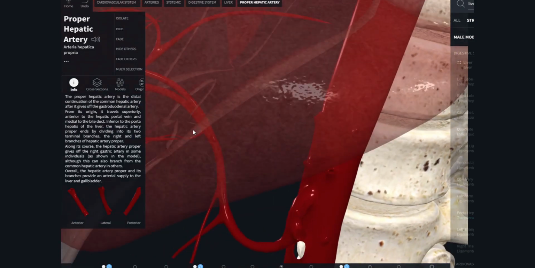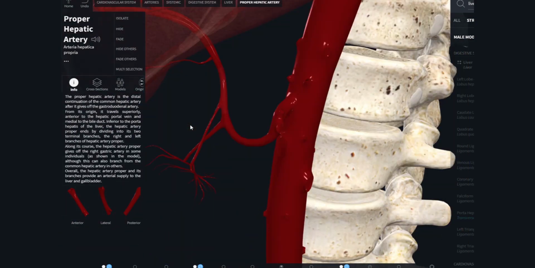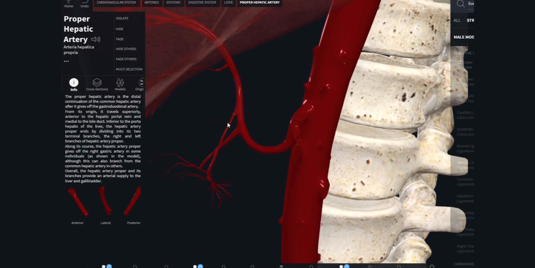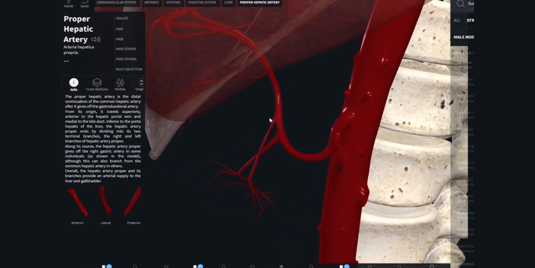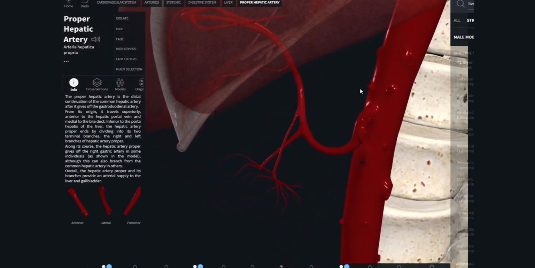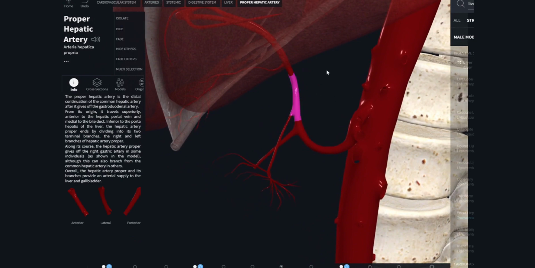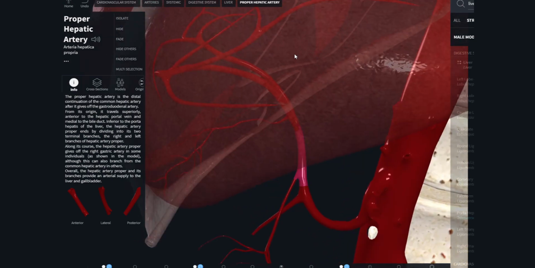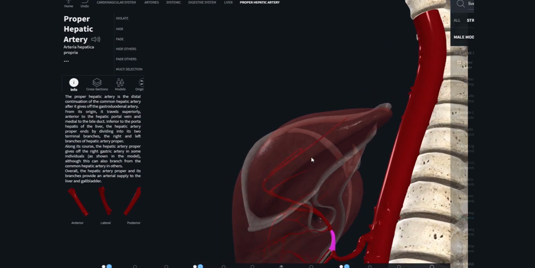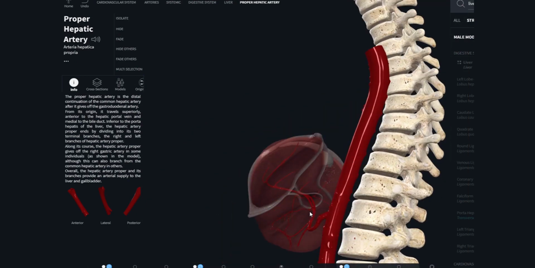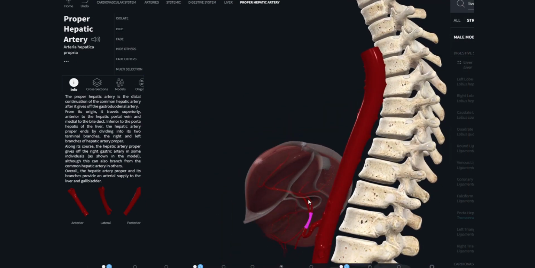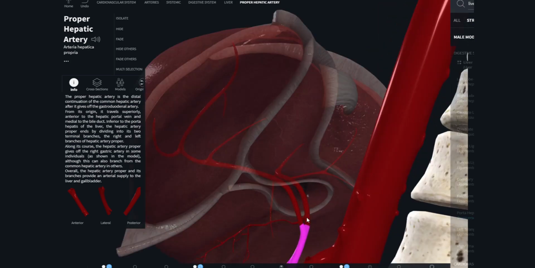The proper hepatic artery diverges, as you can see. I don't know if it's really possible for you to see here, but there are two major branches of this artery that one can notice. The proper hepatic artery goes off, and right there we have a right and a left branch going on into the porta hepatis.